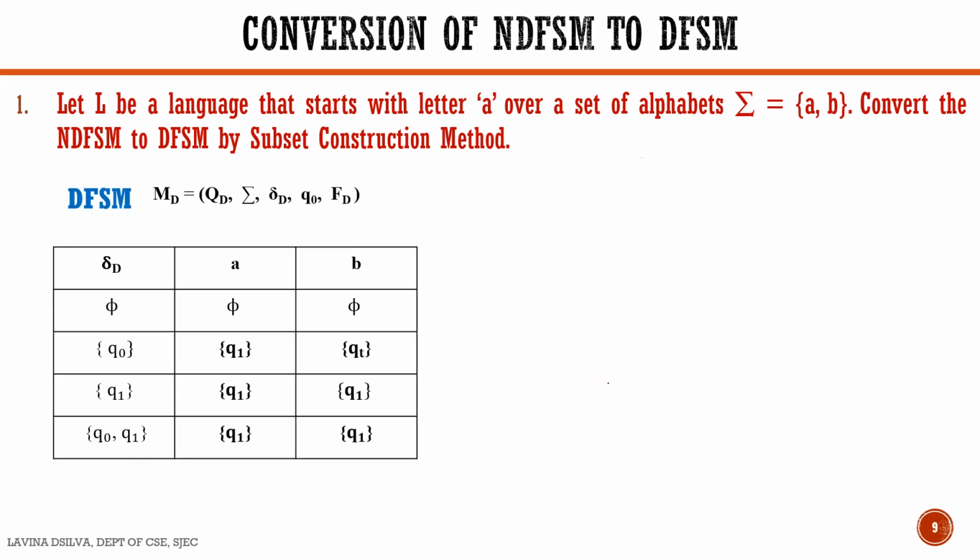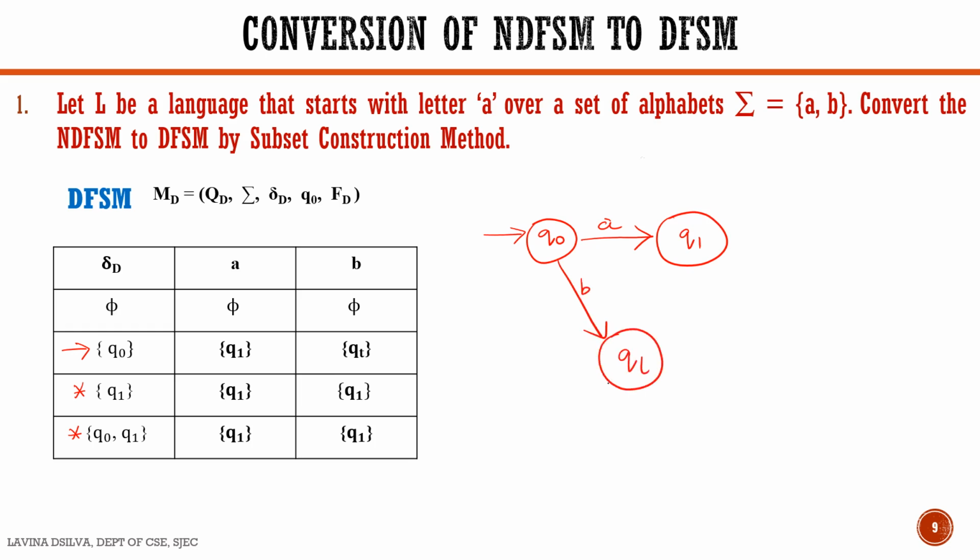We shall make use of these transitions in order to draw the transition diagram. We have Q0 as our start state and Q1 and Q0, Q1 as the final states according to the previous slide. Therefore, Q0 on seeing A goes to the state Q1, and on seeing B goes to state Q trap.